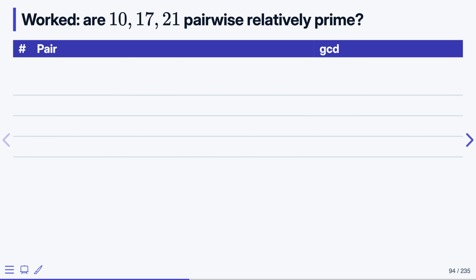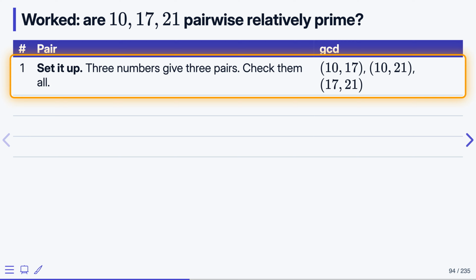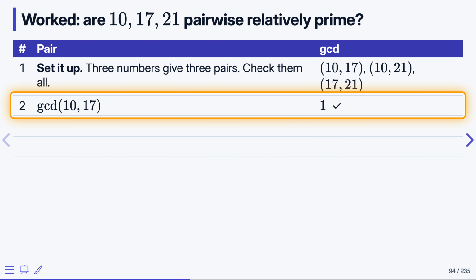Let's test a list, step by step. Step 1, set it up. 3 numbers give 3 pairs. We must check all 3: 10 and 17, 10 and 21, and 17 and 21. Step 2, the greatest common divisor of 10 and 17 is 1. 17 is prime and does not divide 10.